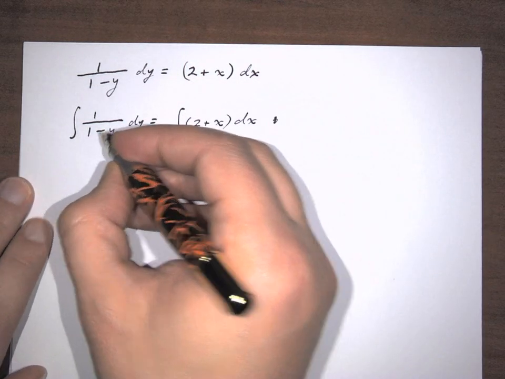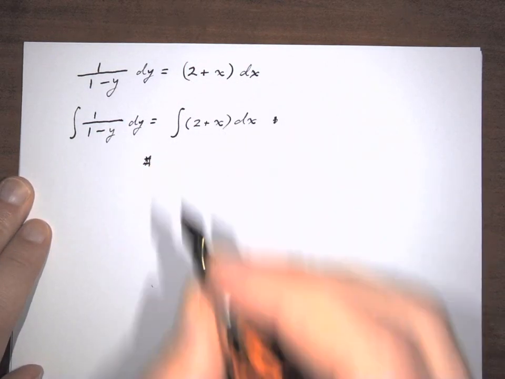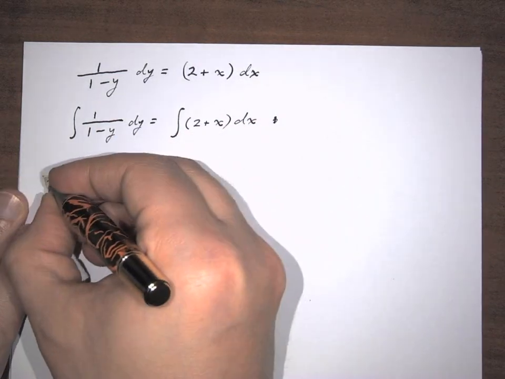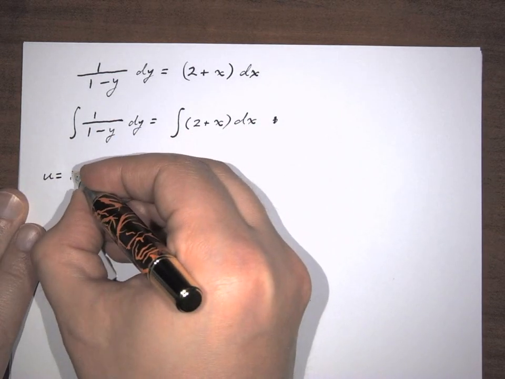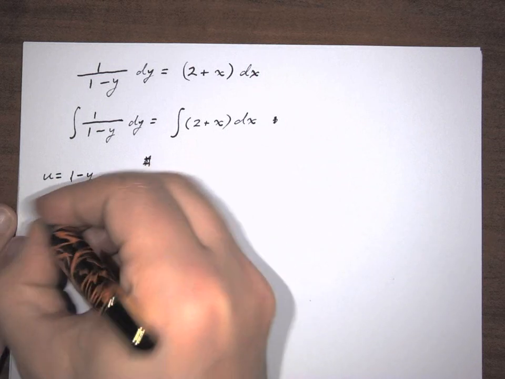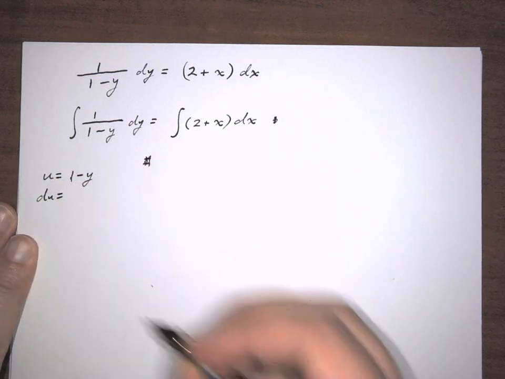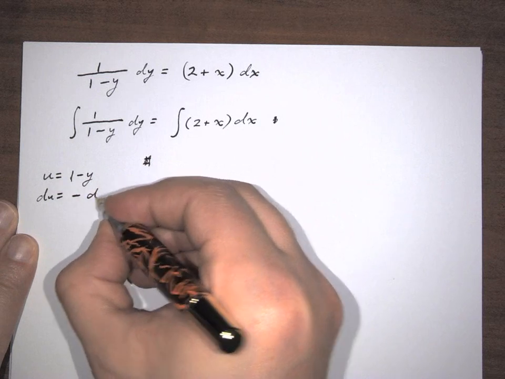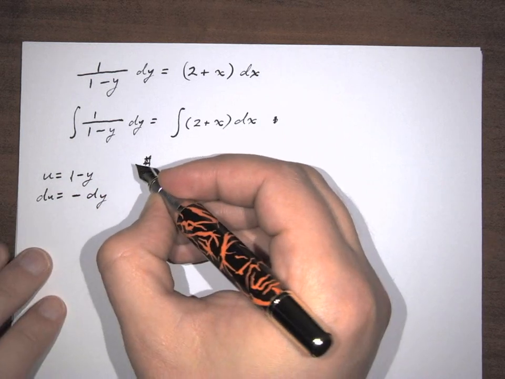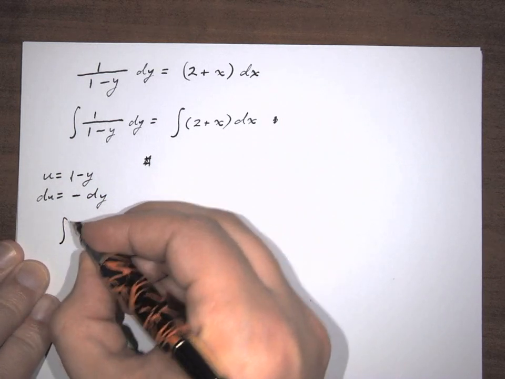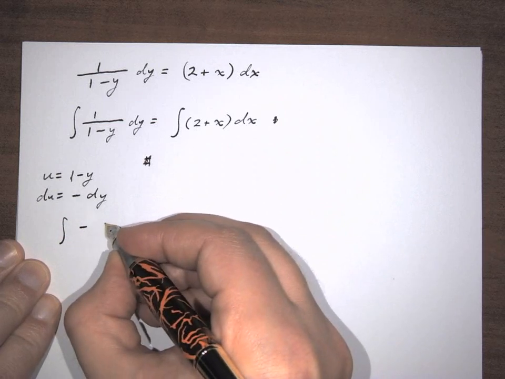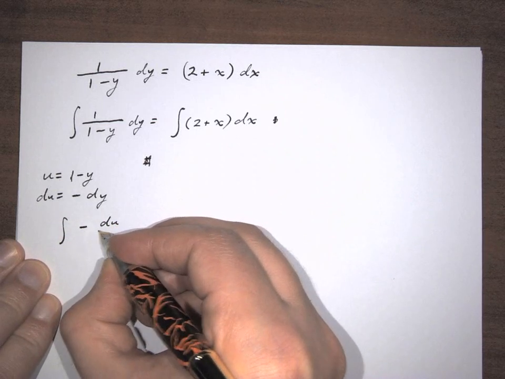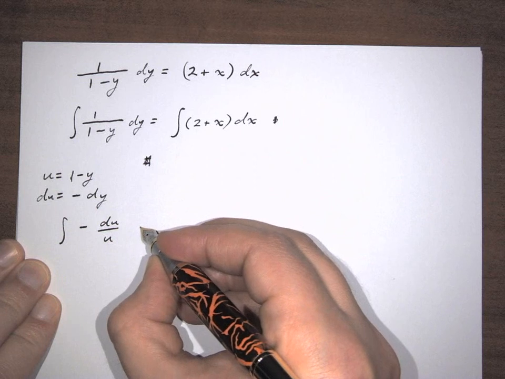So here, once again, we have got a good occasion for a u substitution. So the u substitution in this case would be 1 minus y, which means that du would be negative dy, which means that our integral here is equal to negative du over u.